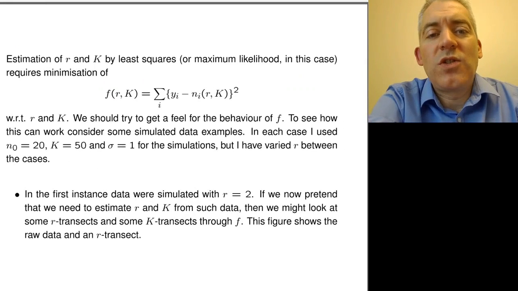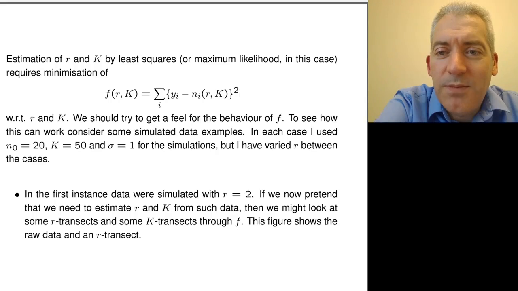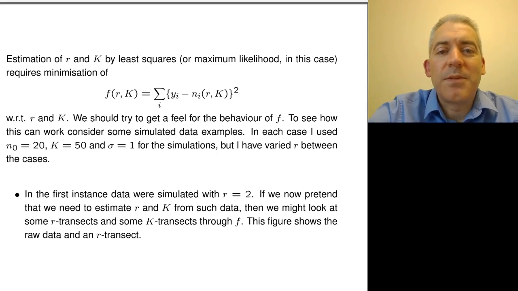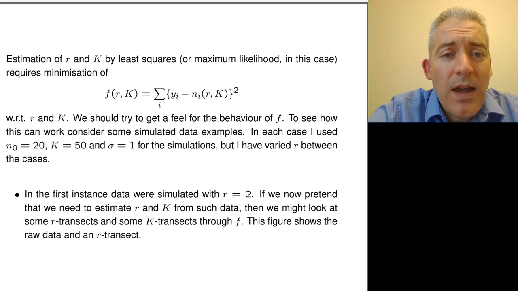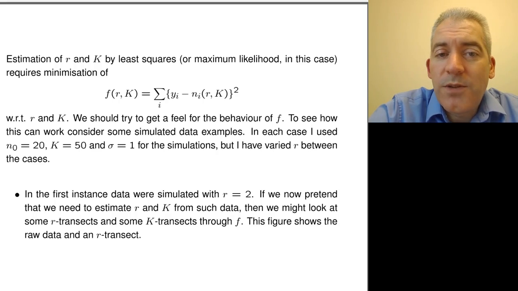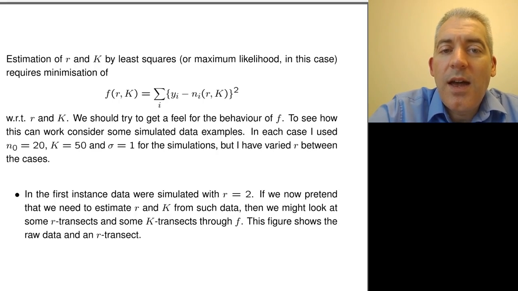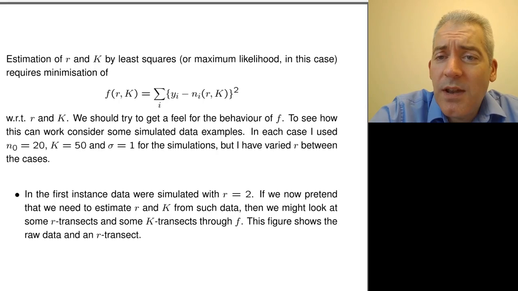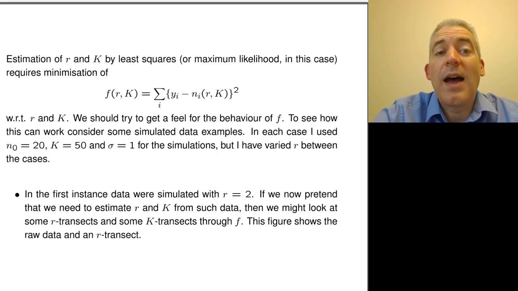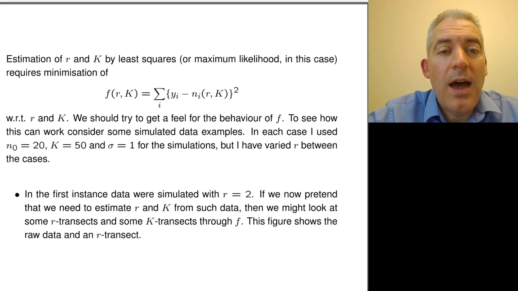We could just go for least squares, but it's essentially the same as maximum likelihood in this case. We're going to minimize the difference between our inferred behavior of the dynamical system and the observations we have on that system.